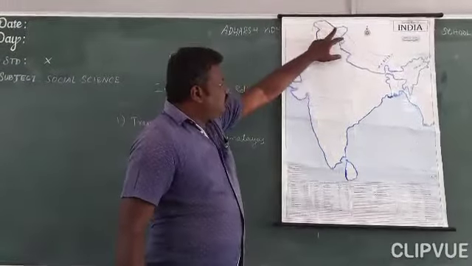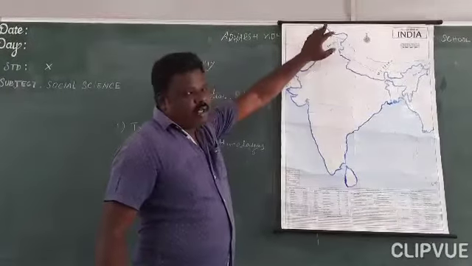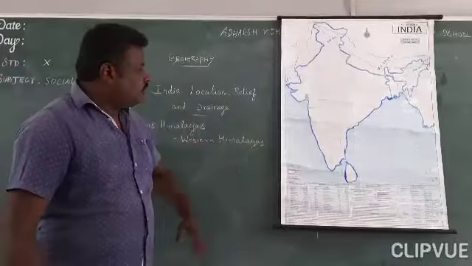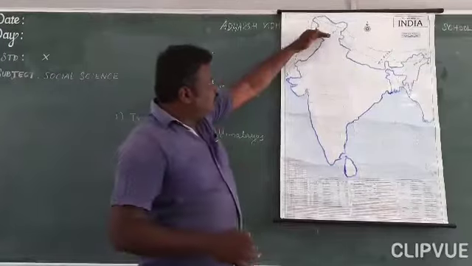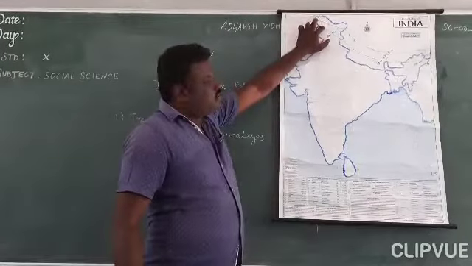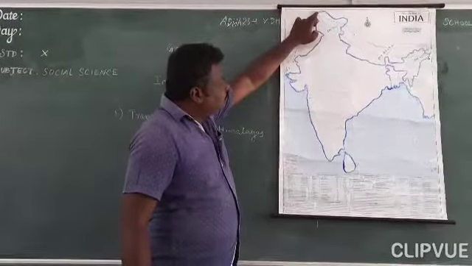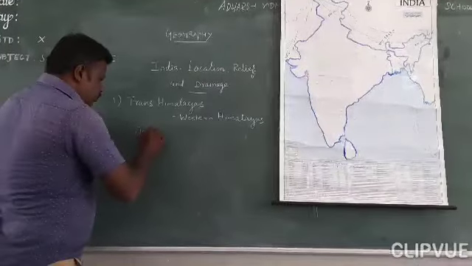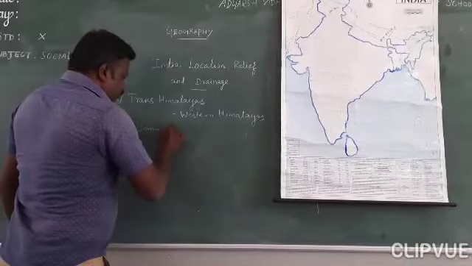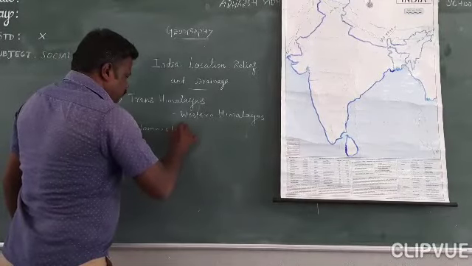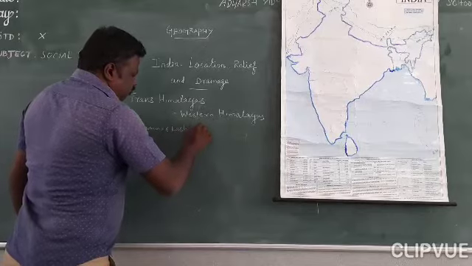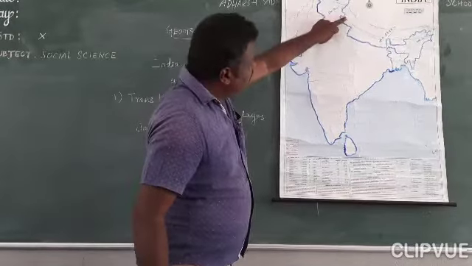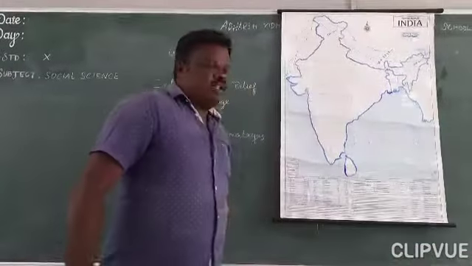The starting point in Jammu and Kashmir is called the Pamir Knot. The Pamir Knot is also known as the roof of the world, because this is the starting point of the Himalayan ranges. So here it started, in Jammu and Kashmir, and it ends nearly touching the Tibetan plateau.